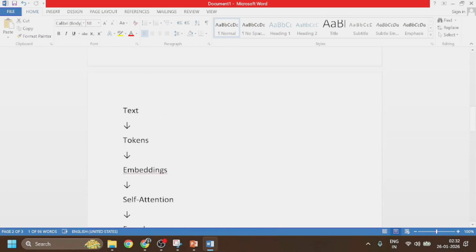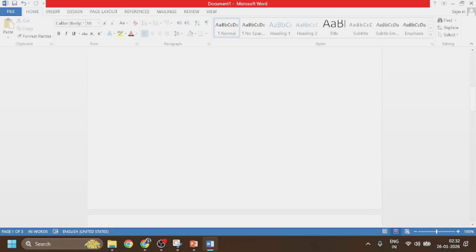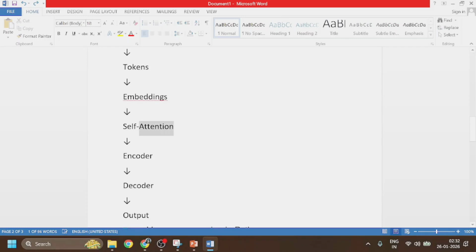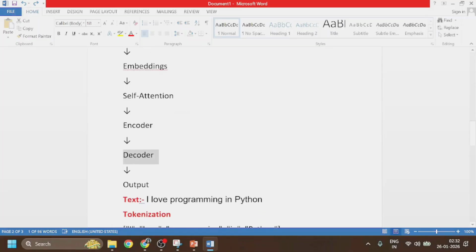So this is the basic pipeline, or architecture, of the transformer. First you take one text and do tokenization and embedding. After embedding, you do positional encoding, then self attention, then we have the encoder and decoder, and finally we get our output.